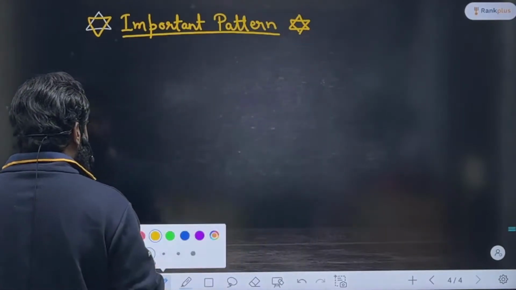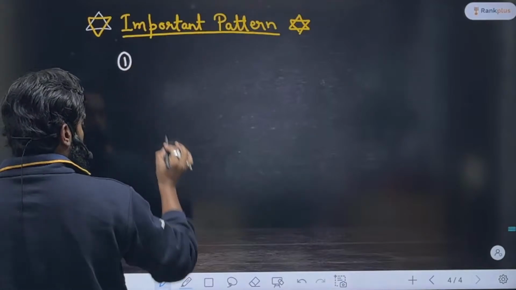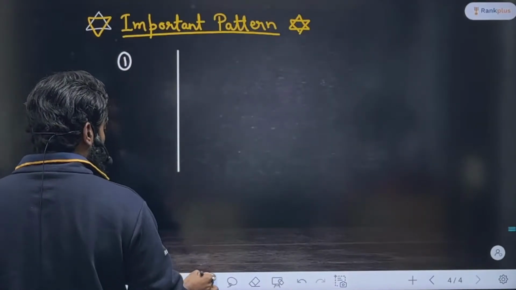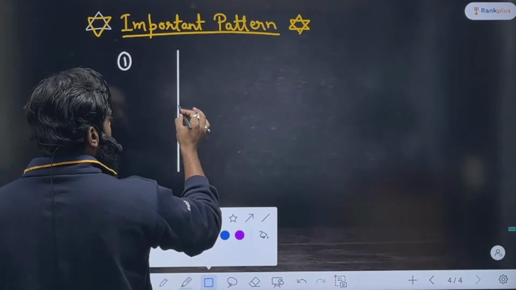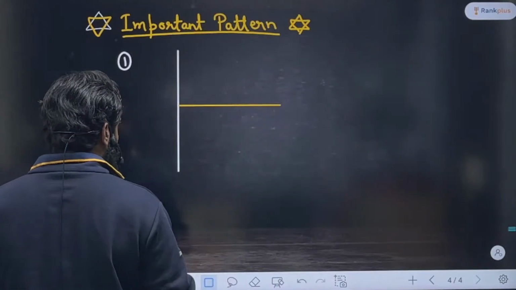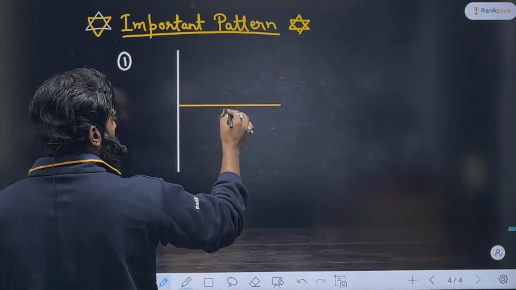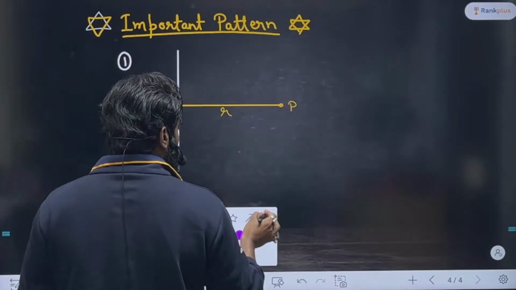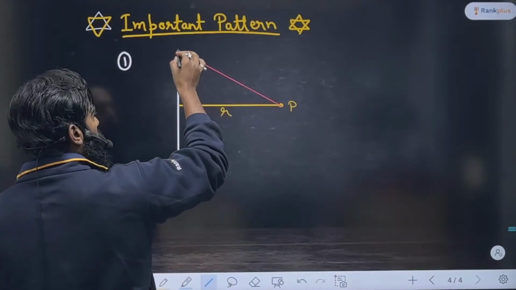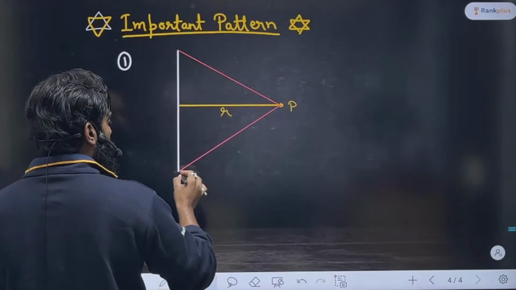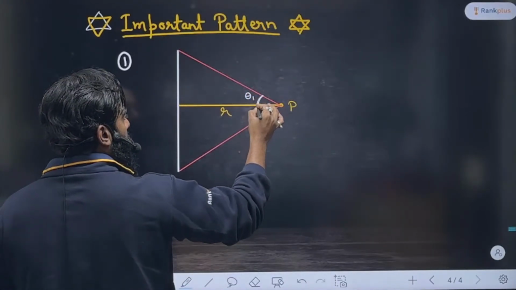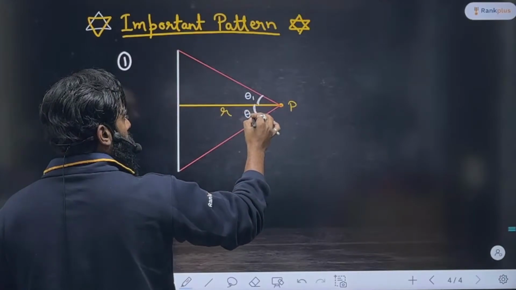So the first pattern is if there is a straight wire and a particular point at a distance r from it. I'm standing here at point P, and you make angles theta 1 and theta 2.